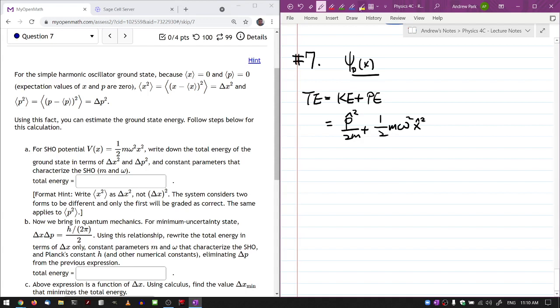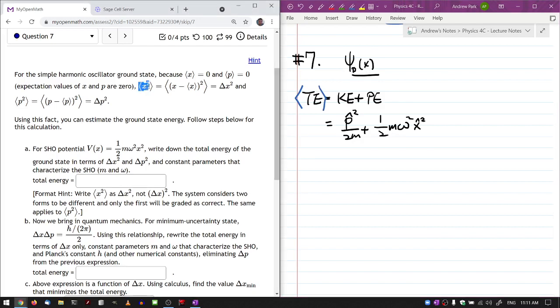So you can imagine doing this. If you take the expectation value of the total energy, well, this is an energy eigenstate, so you don't have to take the expectation value. But in order to connect to these expectation value expressions, you can imagine taking the expectation value anyway. It doesn't hurt anything.